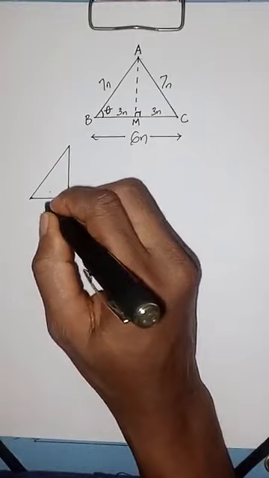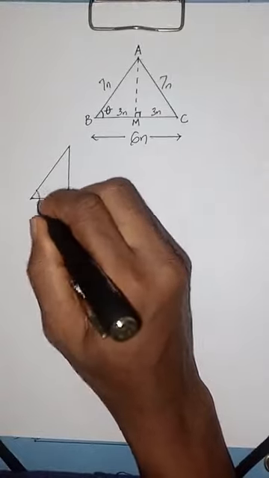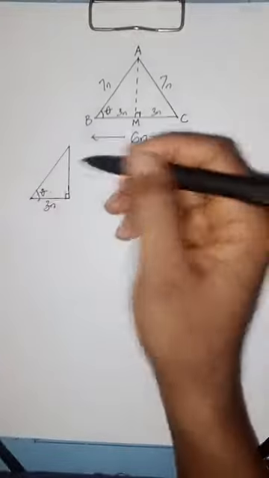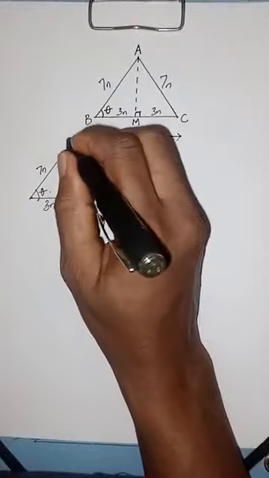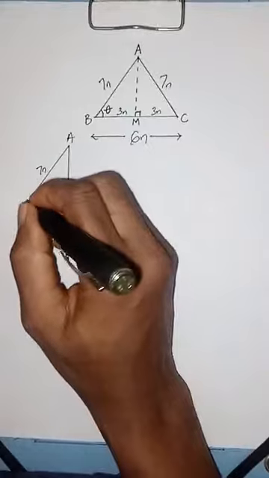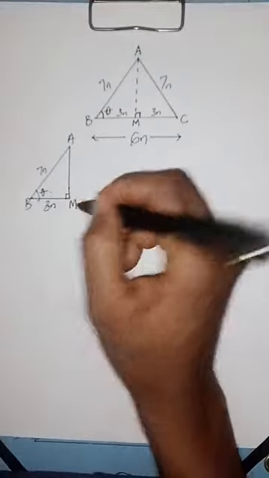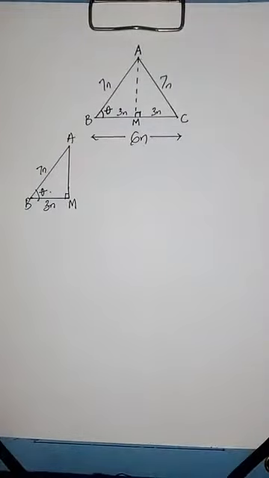Where this is your 3n, this is your theta, 7n. This is A, B, M. So at this point, I've gotten a right angle triangle.